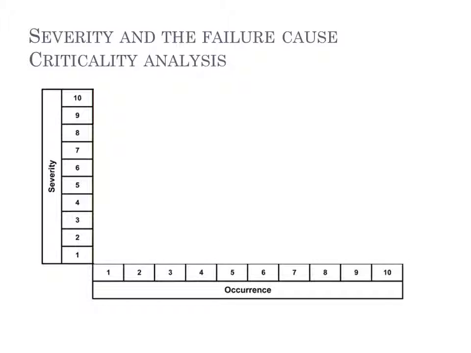A typical failure modes and effects analysis incorporates some method to evaluate the risk associated with the potential problems identified through the analysis. The two most common methods are risk priority numbers and criticality analysis.